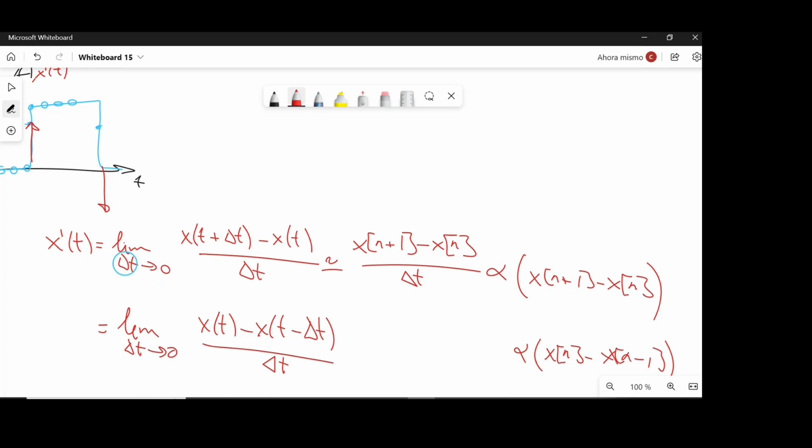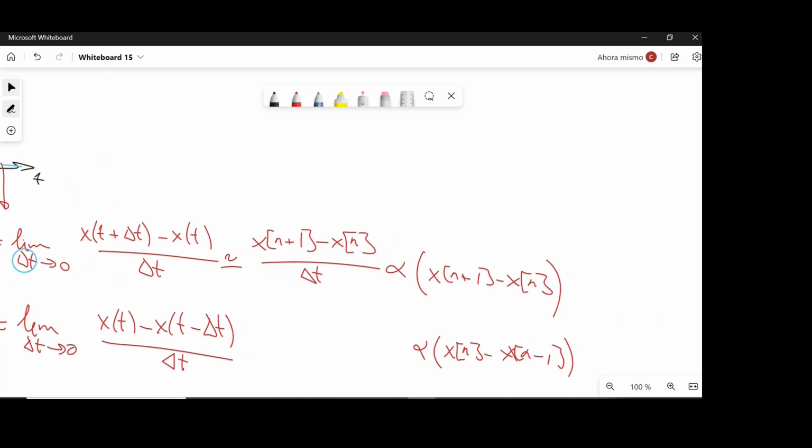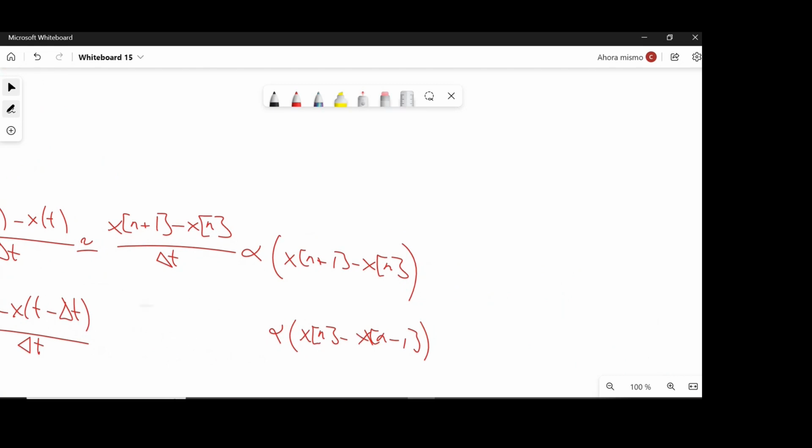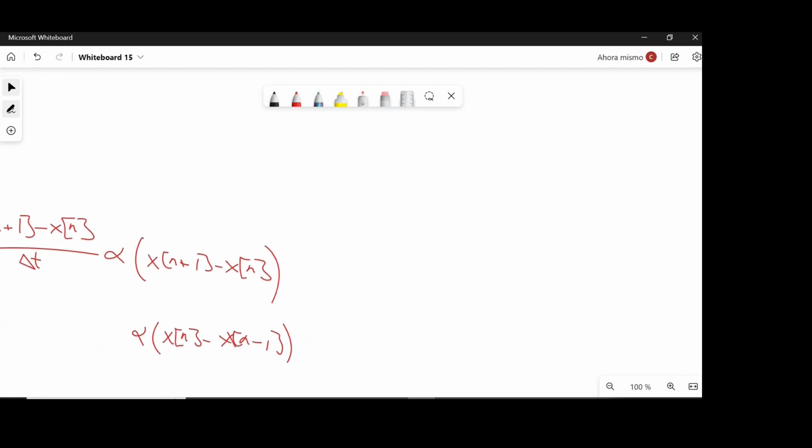Okay, so let us look. Let's say that I want to construct a signal that approximates this derivative. Still using red, let's say that I want to construct y that is equal to this. So this is an approximation of the derivative.